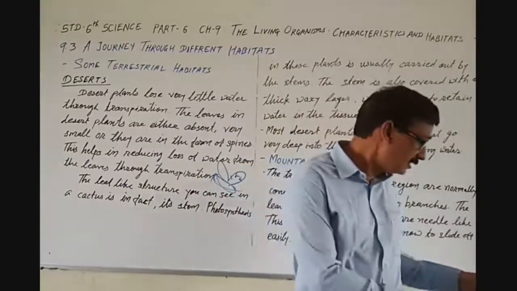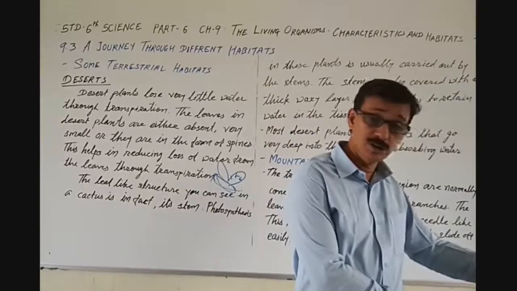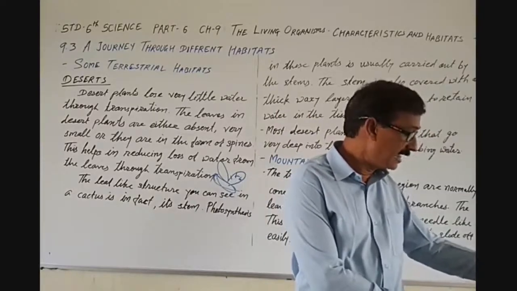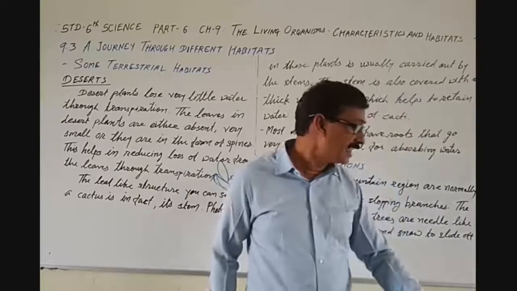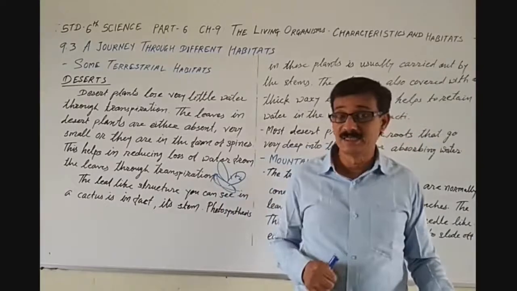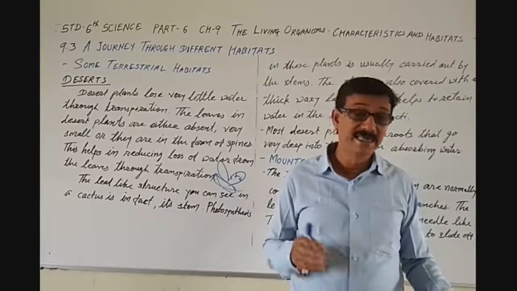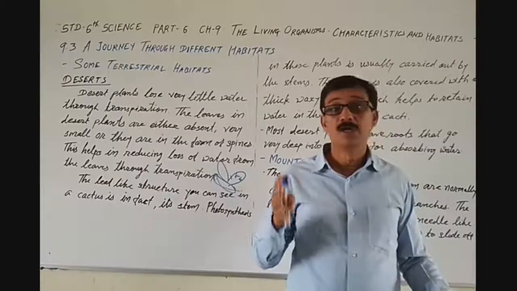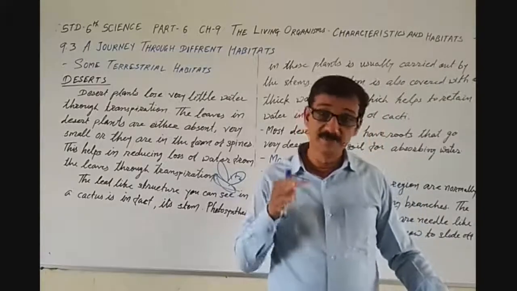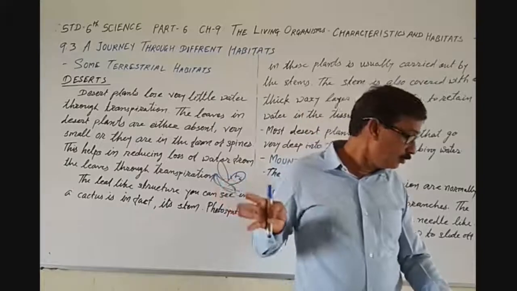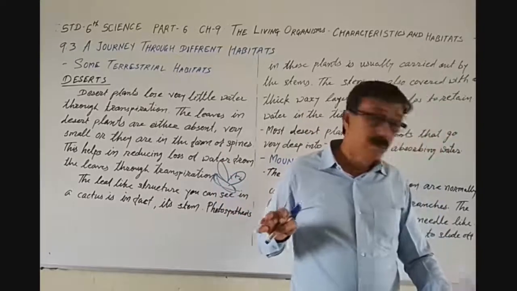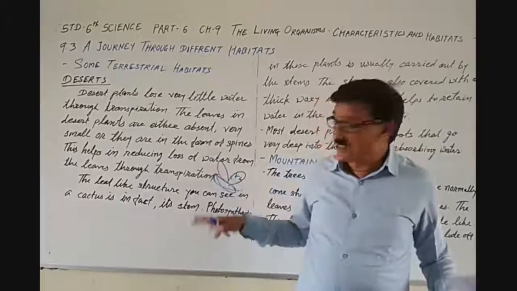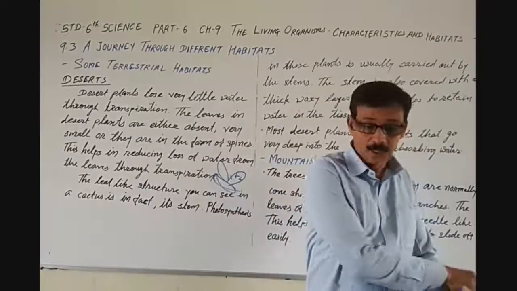Suppose you are asked the question, how are cactus adapted to survive in the desert? If this is the question, then you will have to write or describe all these things.